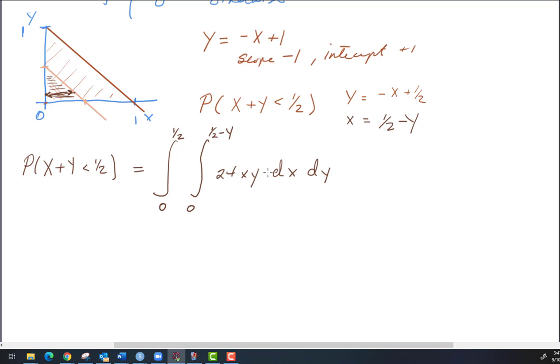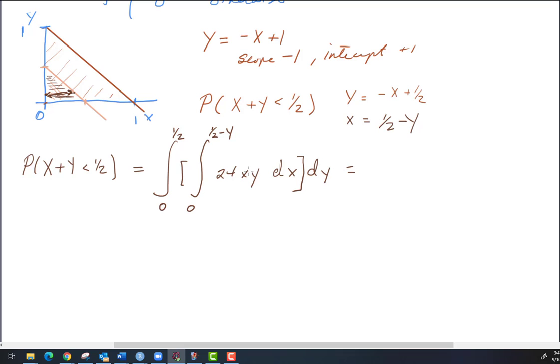Now, when I'm integrating with respect to x, the 24y would be constant and can come out.